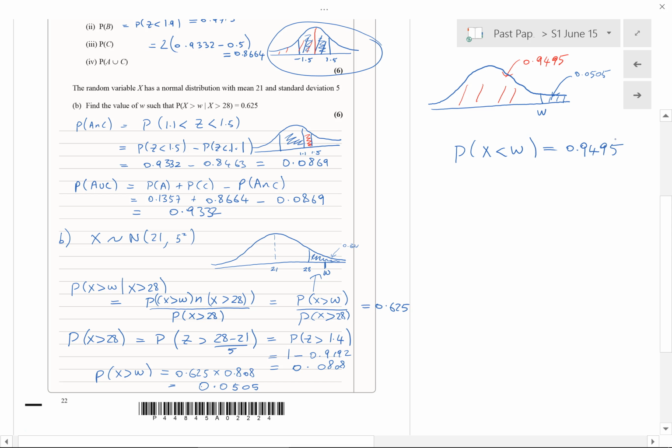Now we're looking for the numbers backwards in the tables, because we remember our transformation: Z is X take away the mean, divided by the standard deviation. So we've got W take away the mean divided by the standard deviation. Now we need to read the 0.9495 number backwards.